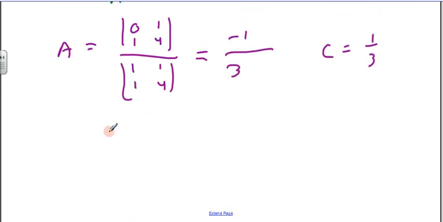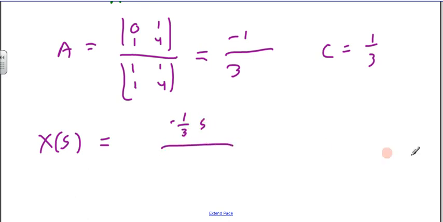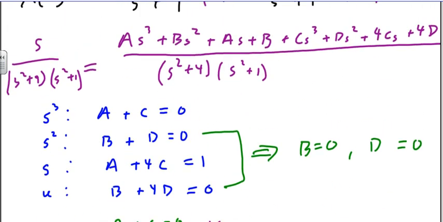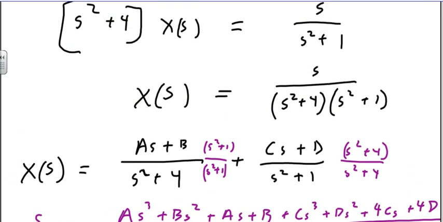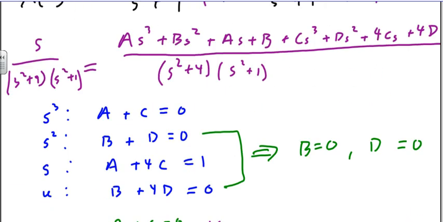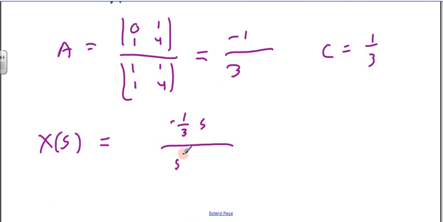And now I've got my X of s is going to be minus a third s over, and I don't remember what goes there, so I have to go back and look. s squared plus 4, plus 1/3 s over s squared plus 1.